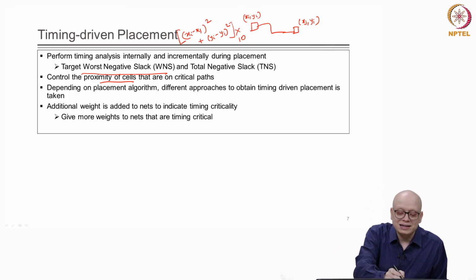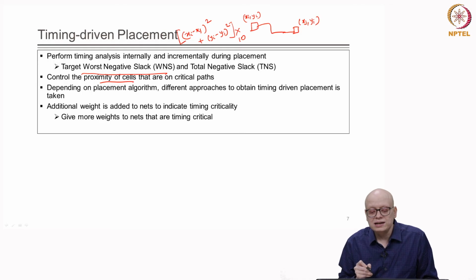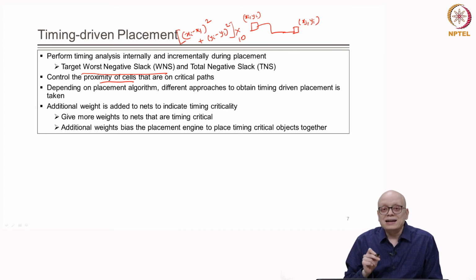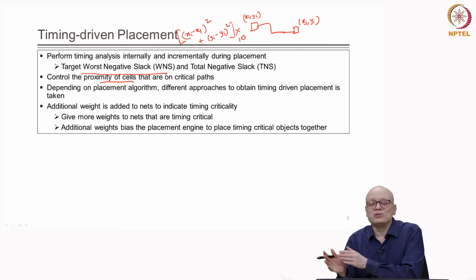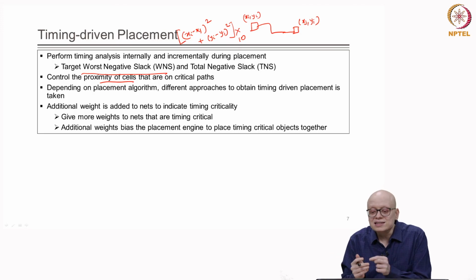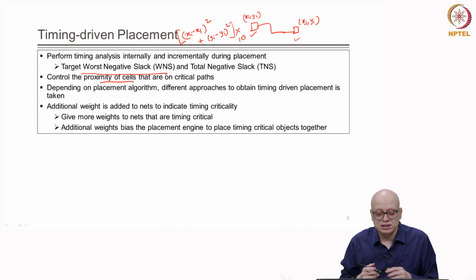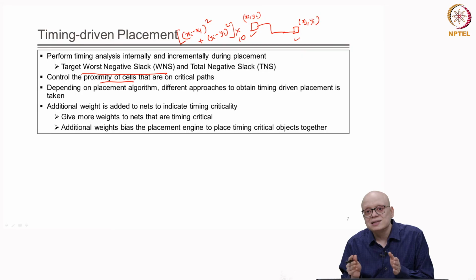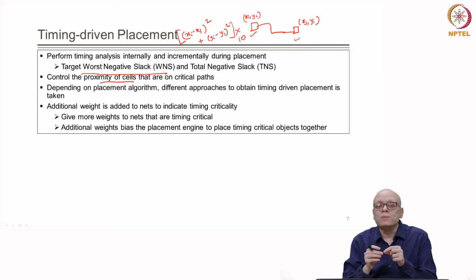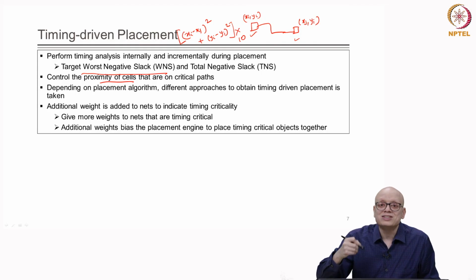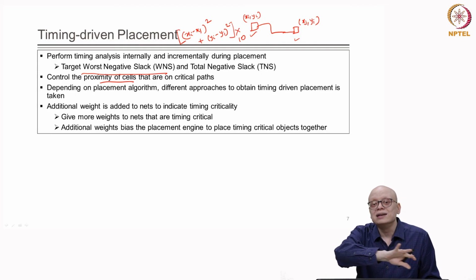So, we add additional weight to the nets to indicate timing criticality. If we give more weight to nets that are timing critical, then the additional weight will bias the placement solution such that these two cells are placed together. The placement engine will automatically place these cells together, because the weight of the nets corresponding to these two cells will be much higher compared to other nets in the design.